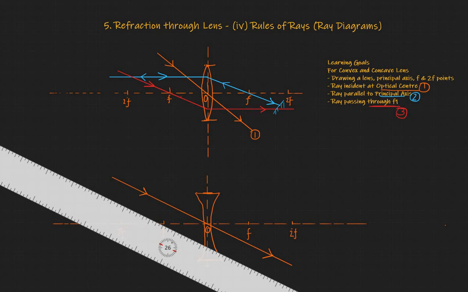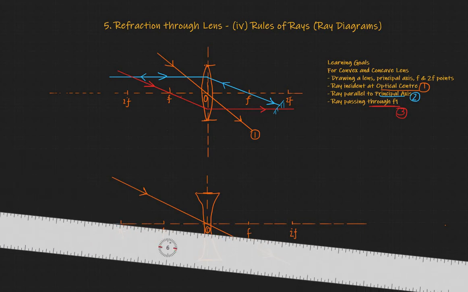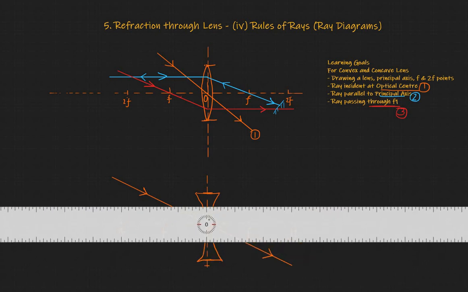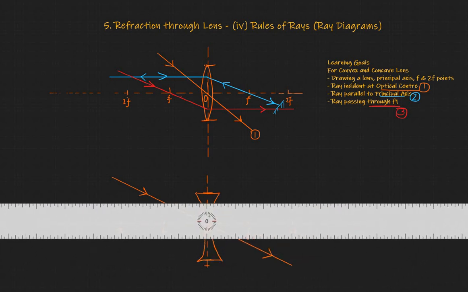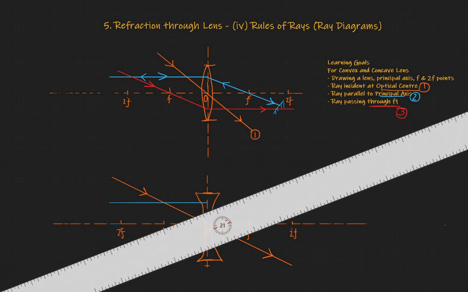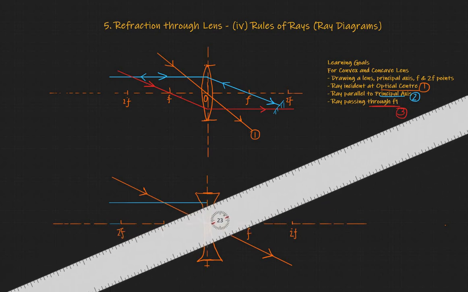The rule number 2 is a ray parallel to principal axis. So let's get this ray parallel to principal axis. So here it is, a ray parallel to the principal axis. Now this would pass through the focus. So let's position the scale such that it passes through the focus.